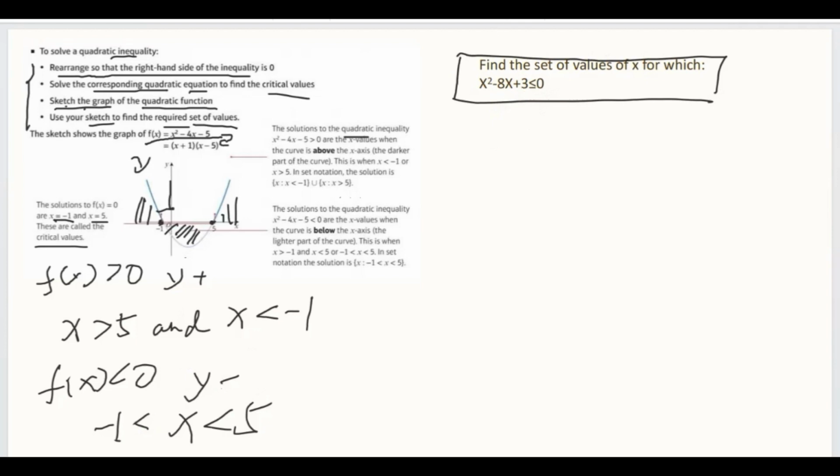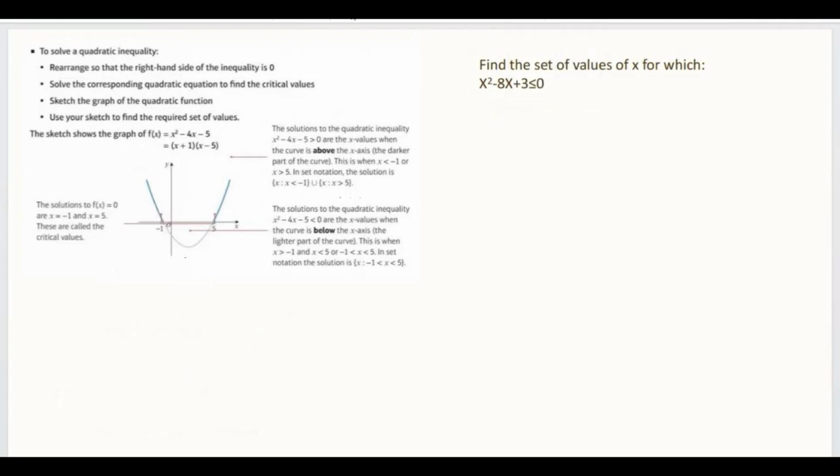Okay, first I have to clean the screen. We arrange the inequality as x squared minus 8x plus 3 less than or equal to 0.